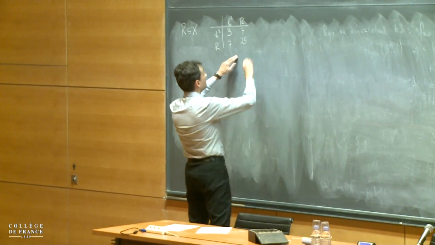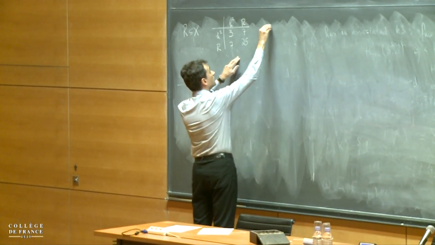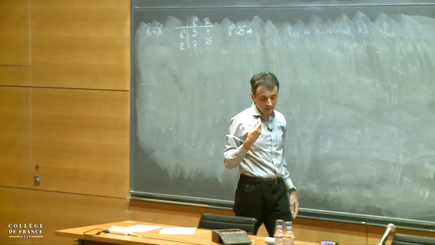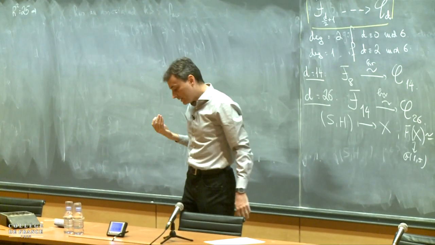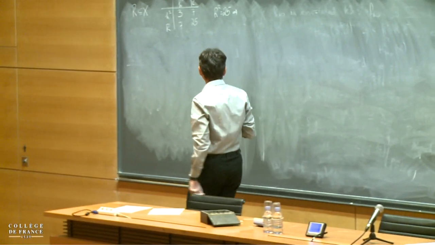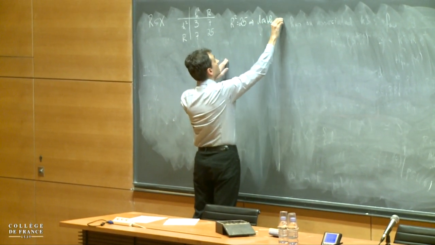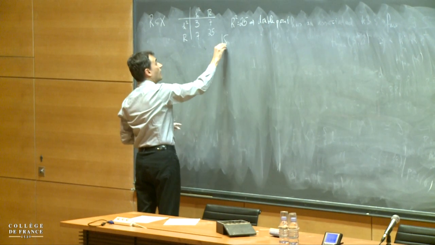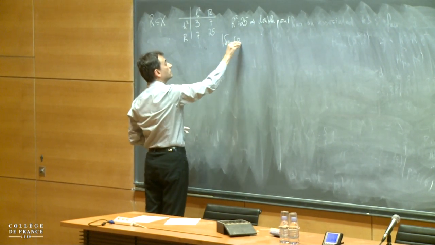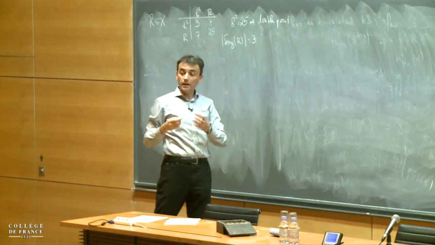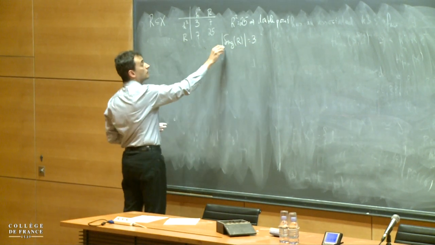But then if r squared is 25, you can apply the double point formula. And assuming that the scroll has only ordinary singularities, from the double point formula, you will know that R will have 3 nodes. And these nodes are non-normal nodes.